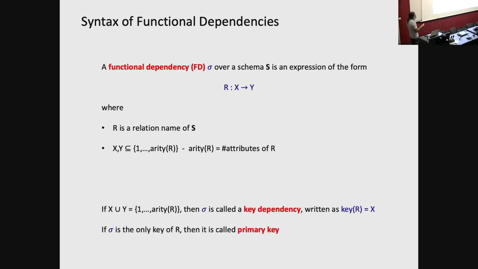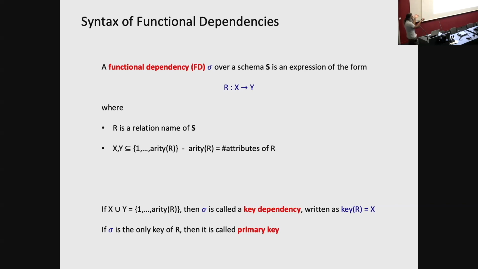Now, to relate with things that you may know from your database course, because you heard about key dependencies, maybe you heard about primary keys. If the union of X and Y is the whole set 1 up to arity of R, then sigma is what we call a key dependency, which we usually denote in this way. In some textbooks, you will see this notation.